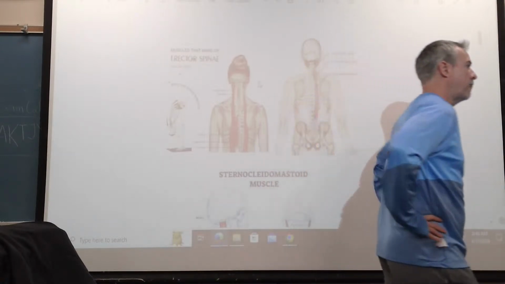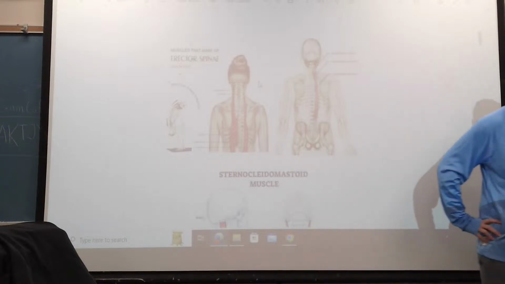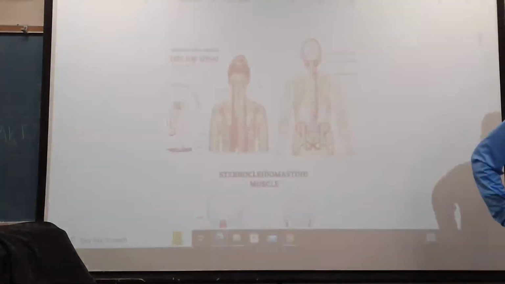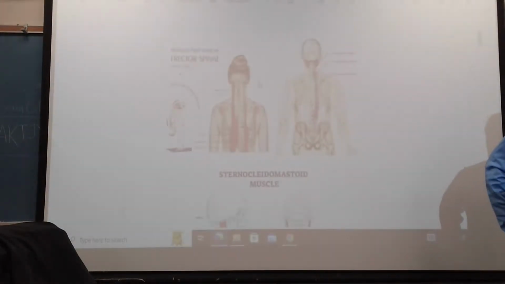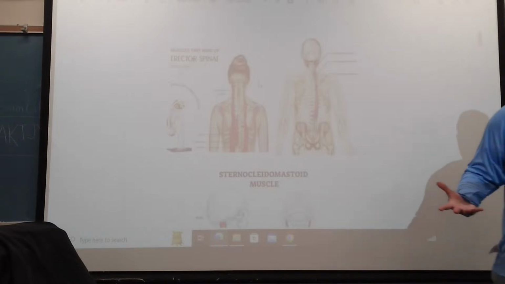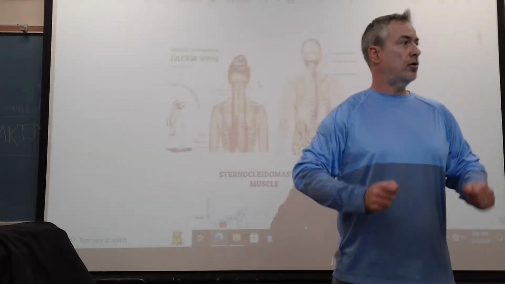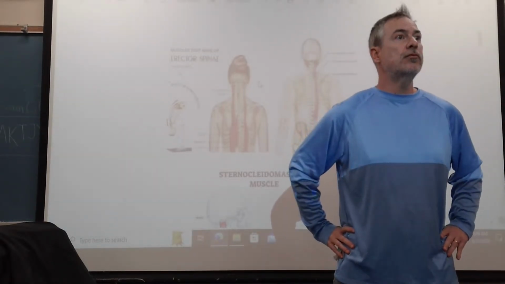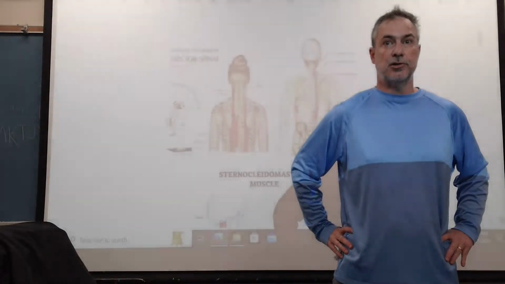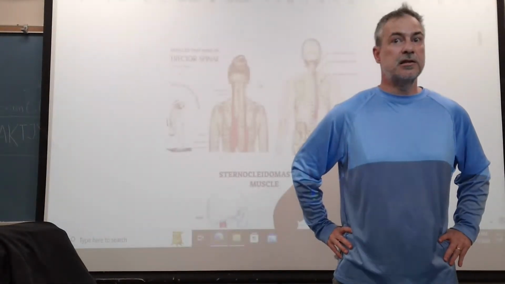Okay? So the erector spinae, if I say them plural, what does the erector spinae do as a group? Well, both of them are cervical extensors. Both of them pull in the direction of cervical extension. True? Guys, that's the only thing they do together.